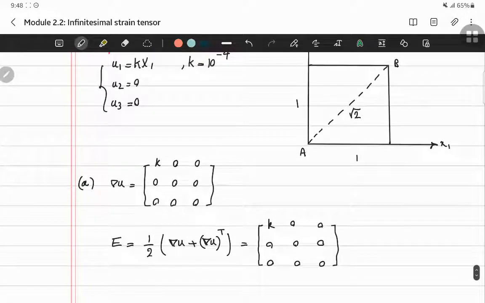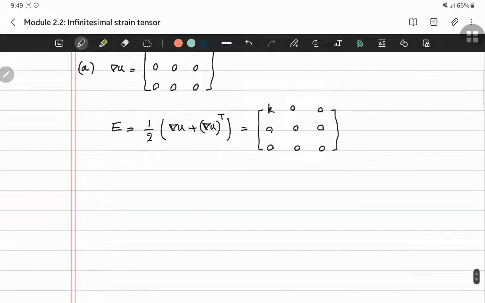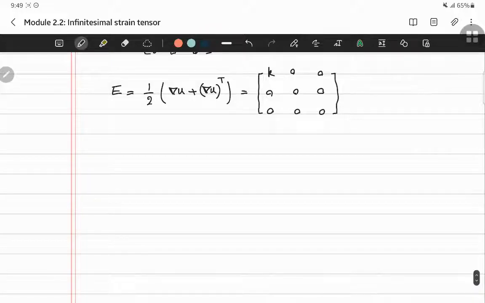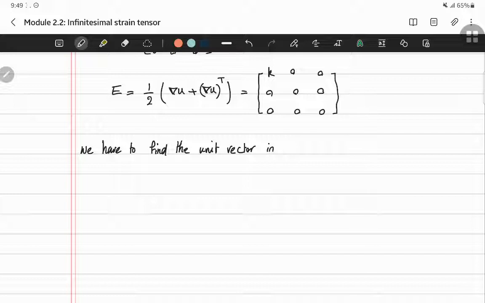But we want to know how this AB actually is changing. So first thing first, we have to find the unit vector in the AB direction.